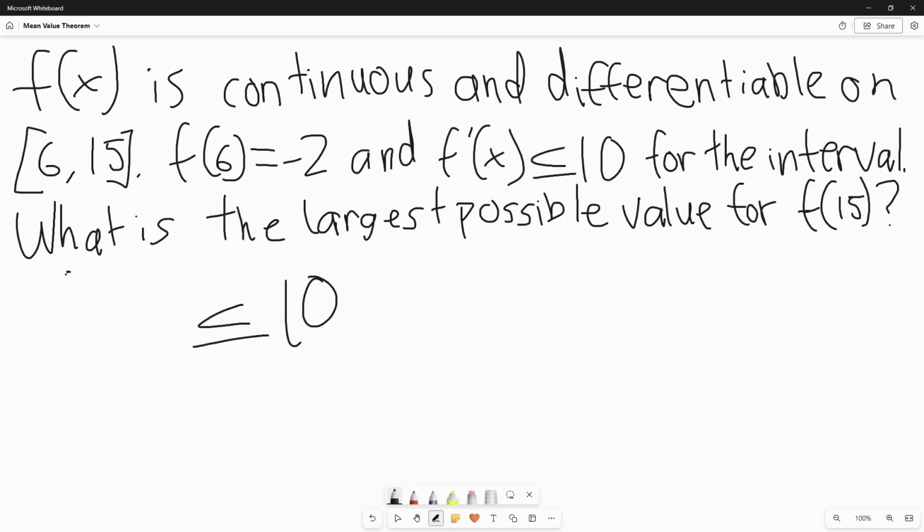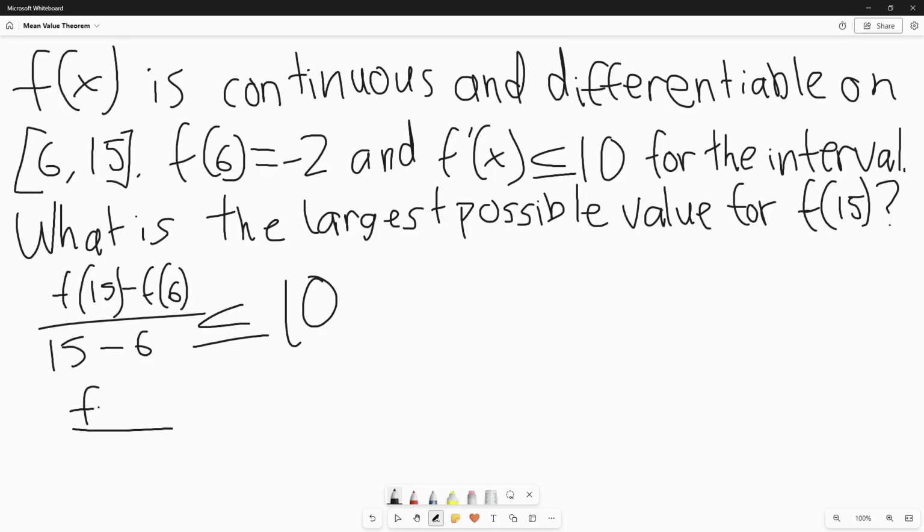So we can write f of 15 minus f of 6 over 15 minus 6 is less than or equal to 10. If you don't know what this is, it's just the rise over run, or the slope of the secant, because we have y2 minus y1 over x2 minus x1. And we know what f of 6 is, and we know what the bottom simplifies to.